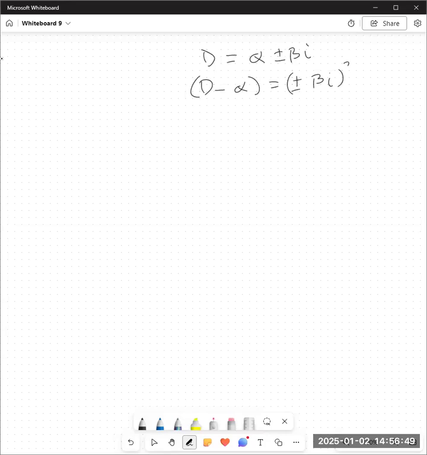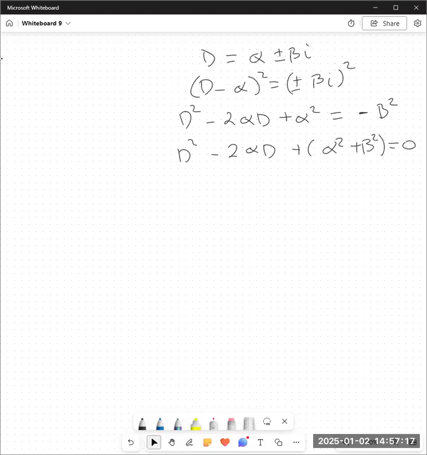And I can square both sides here and get d squared minus 2 alpha d plus alpha squared is equal to a negative beta squared. So d squared minus 2 alpha d plus alpha squared plus beta squared equals 0.